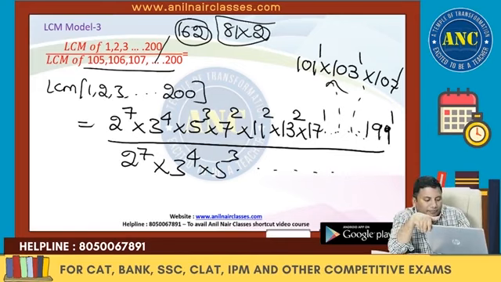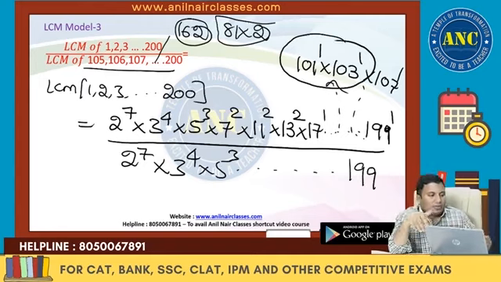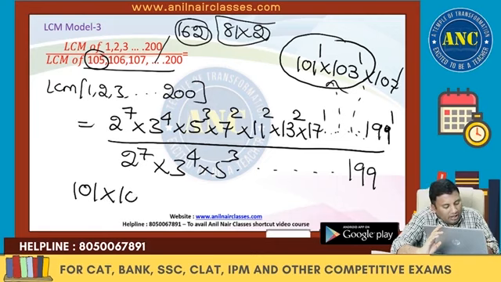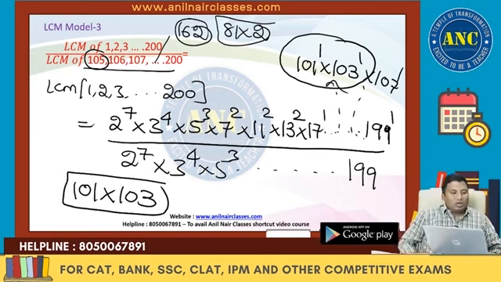Everything will come except these two numbers, because it is starting with 105. So what is missing? 101 into 103. 101 is missing, 103 is missing.